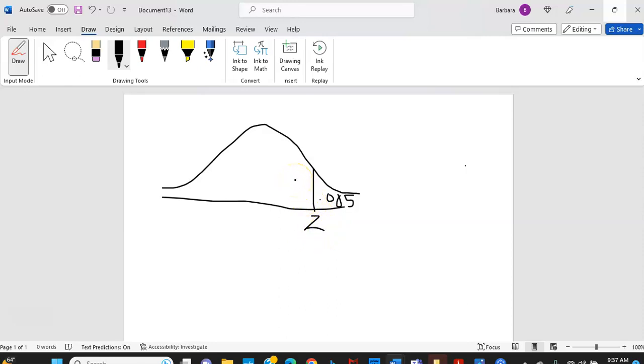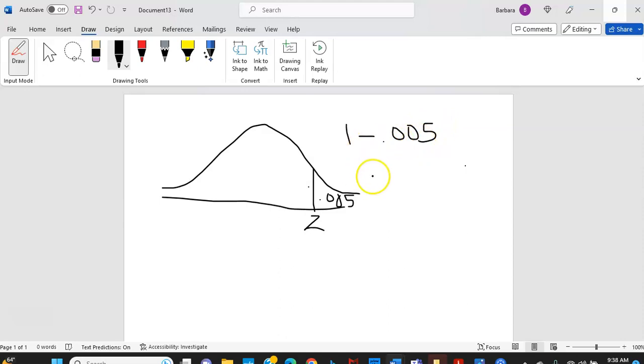Now, when we plug things into Excel or even look things up on a table, it always gives us values based on what's on the left as far as our probabilities are concerned. Since our critical region is on the right, we need to first subtract that number from 1 to get what's on the left.